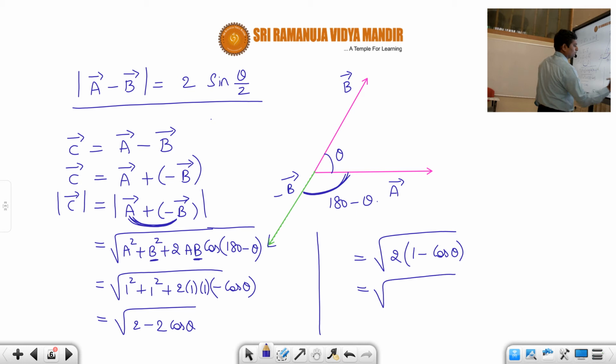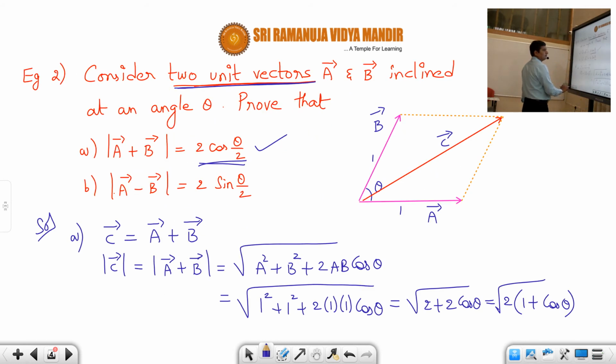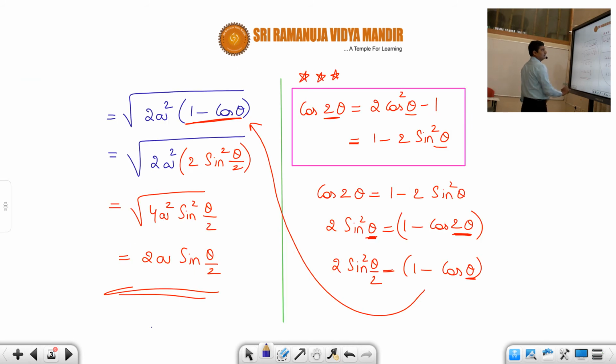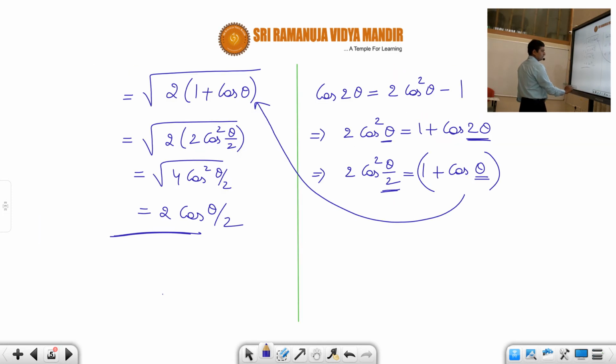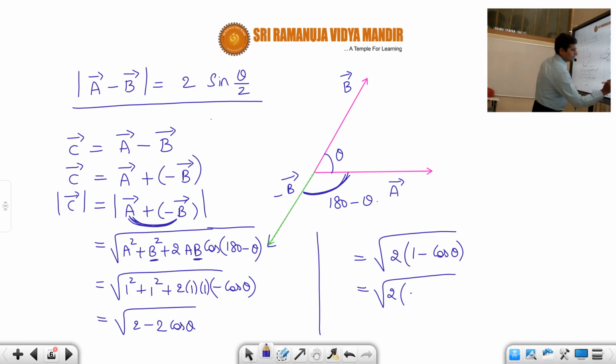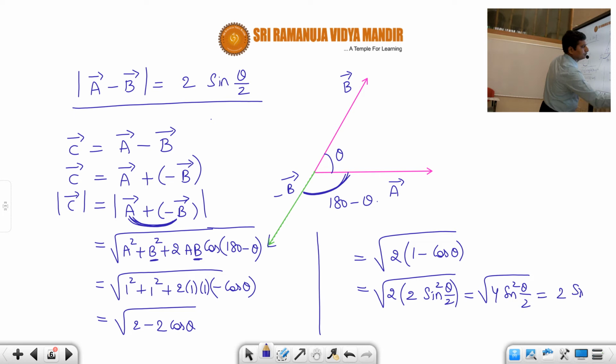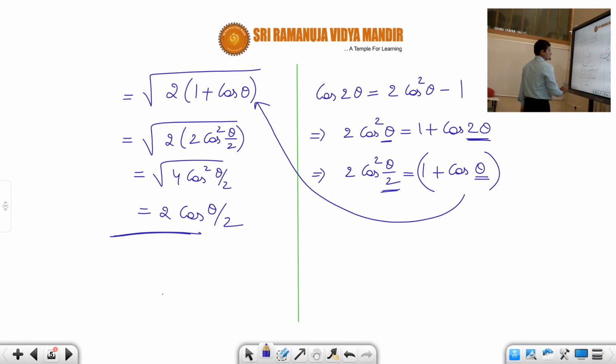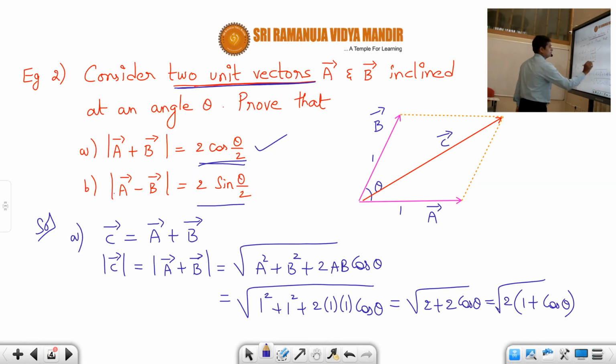What is 1 minus cos theta, students? 2 sin square theta by 2. So that is root over 4 sin square theta by 2, which equals 2 sin theta by 2. So therefore this is the answer, students: 2 sin theta by 2.